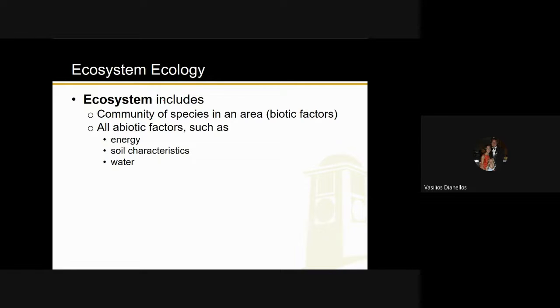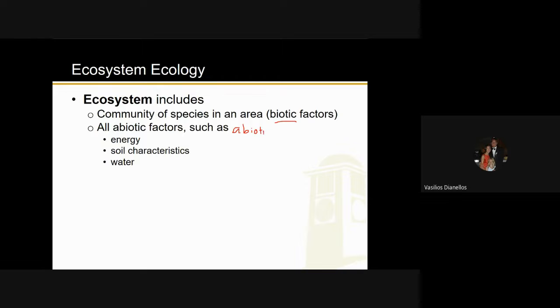An ecosystem includes the community of species, all those living things, those biotic factors and how they interact with each other, in addition to the non-living things, the abiotic factors. Anyway, you get the picture.